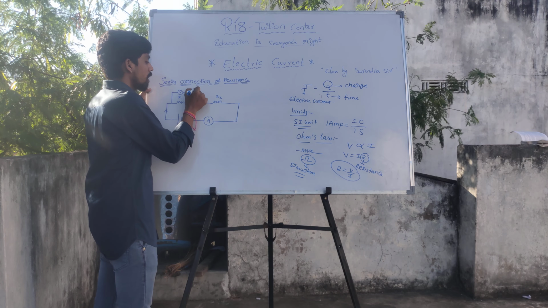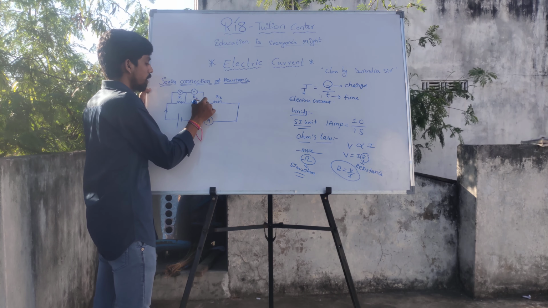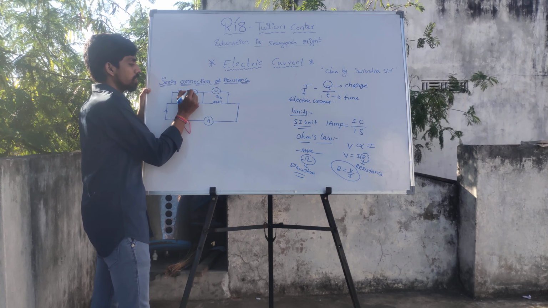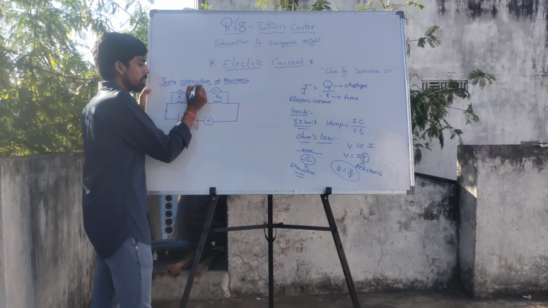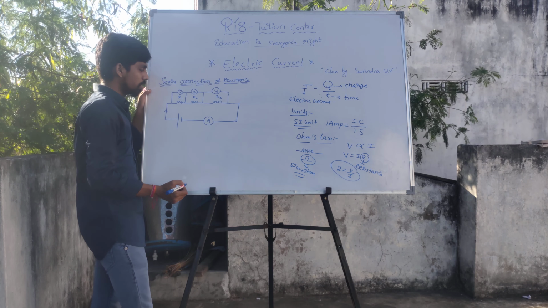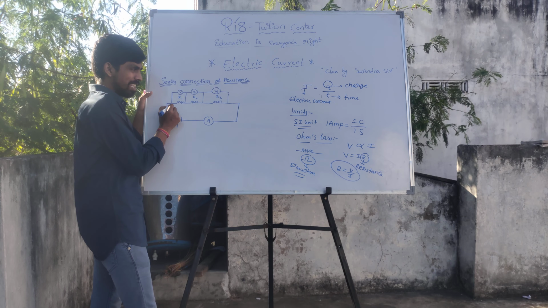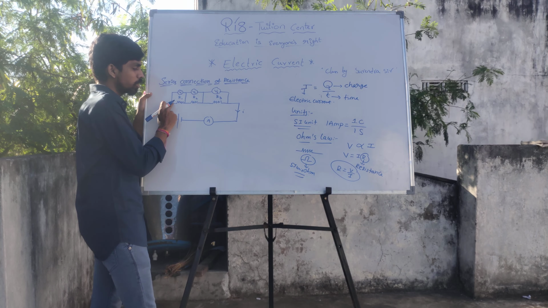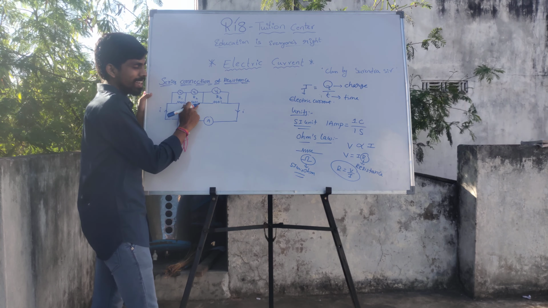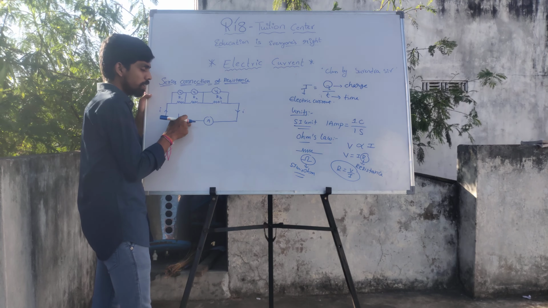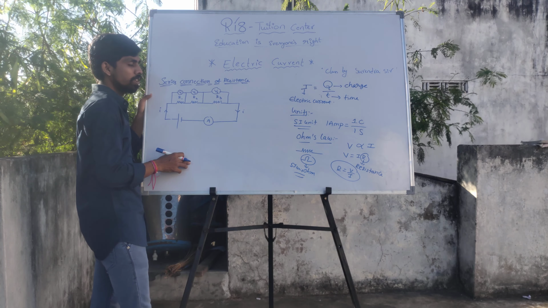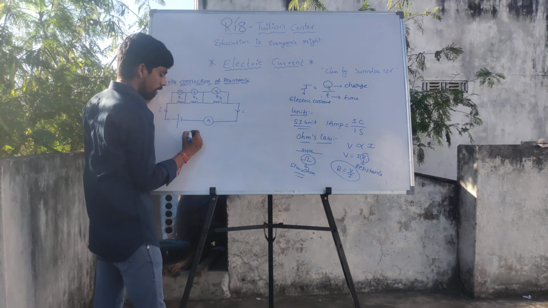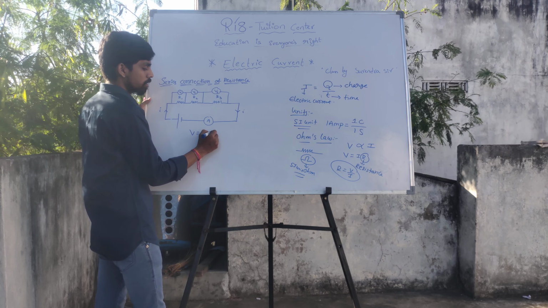Across the first resistance the voltmeter reads V1, across the second V2, and across the third V3. The total electric current I passes through the circuit and leaves it, passing through the first resistance, then the second, then the third. According to Ohm's law, V equals IR.